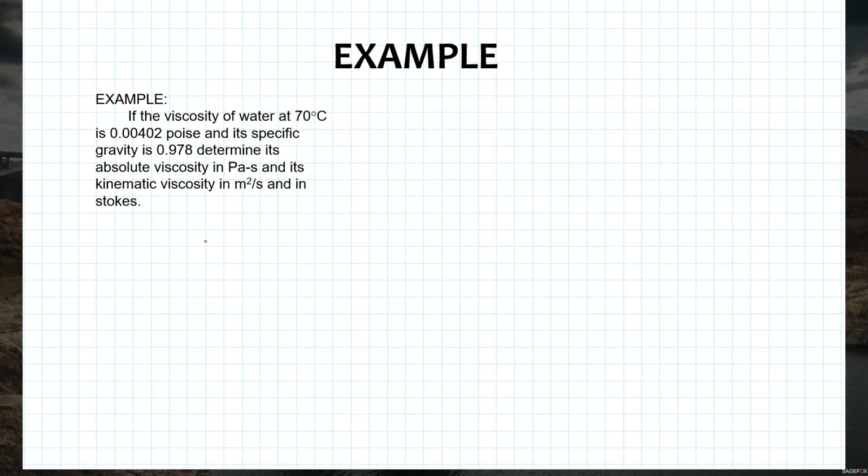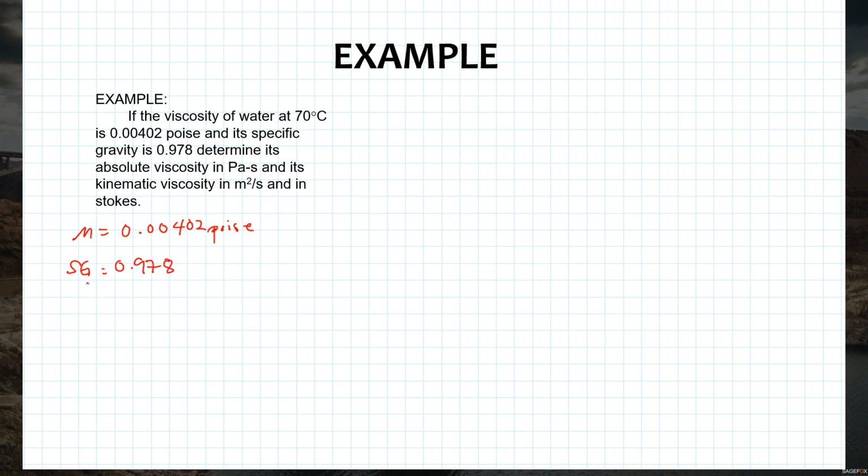Given we have a temperature of 70 degrees Celsius and its absolute viscosity is given in the unit of poise. So, the water has an absolute viscosity of 0.00402 poise. And the specific gravity, Sg, is 0.978.